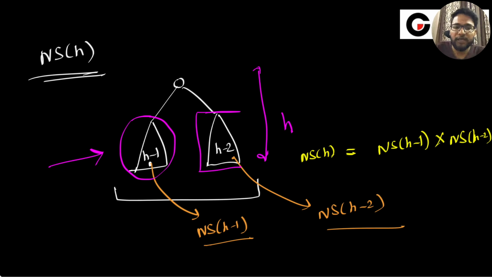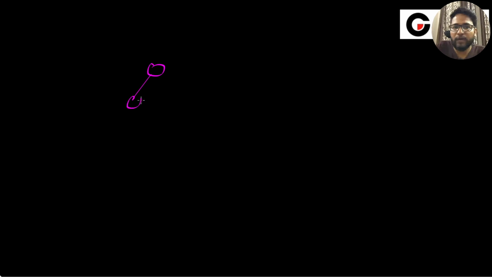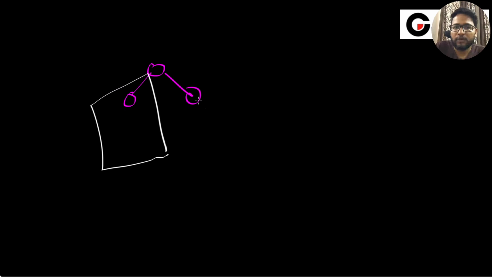So if you are fixing just one structure, let me take a very minimal example of height, maybe height 3 or something like that. Let me say that this structure is there. For every one of these structures on the left hand side, there are NSH minus 2 structures possible on the right hand side, isn't it? How?